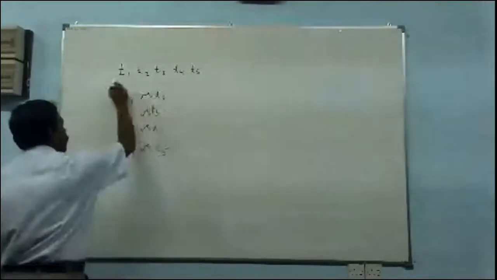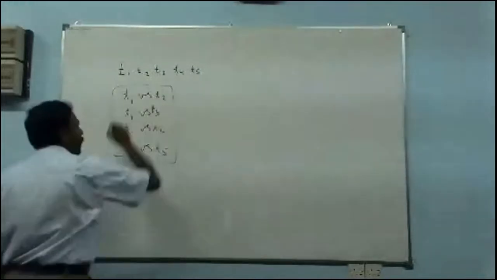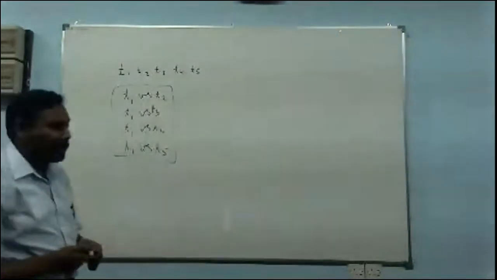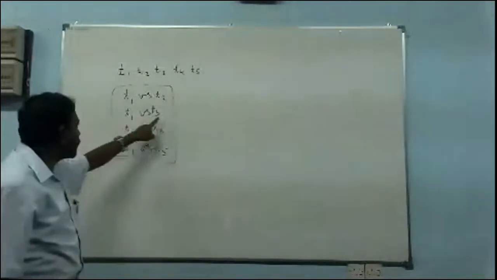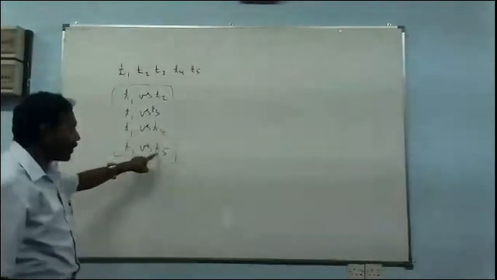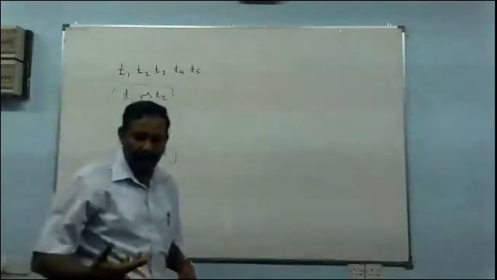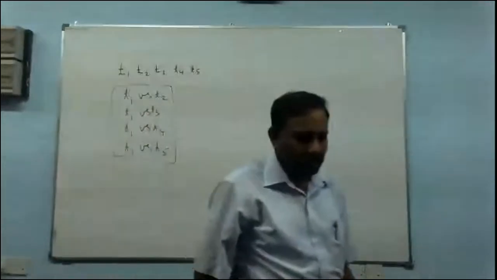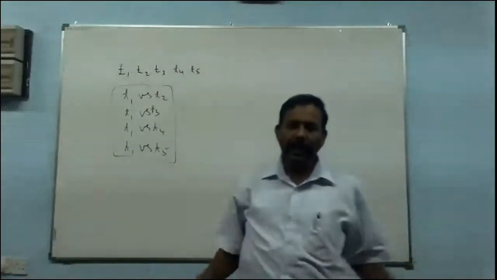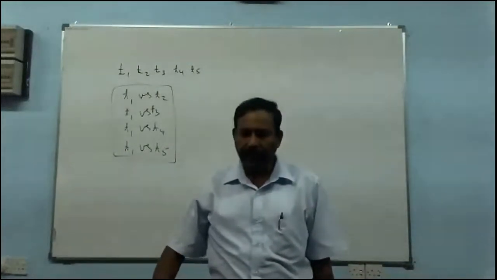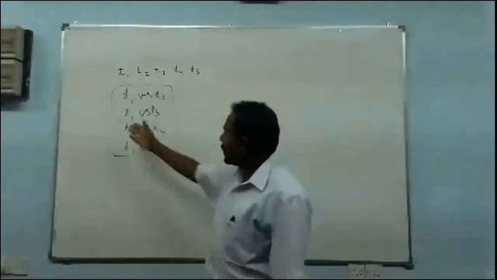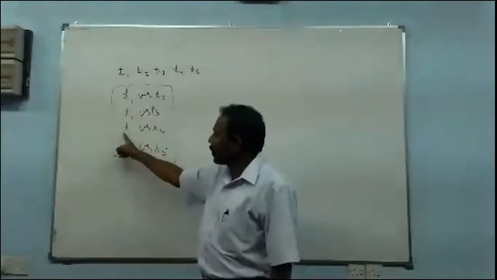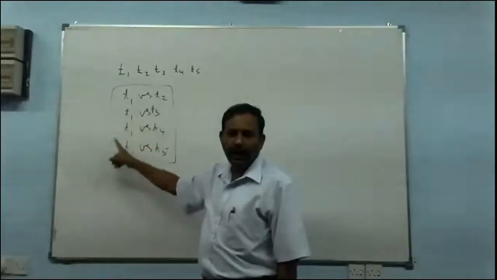What kind of comparison can we make here? What is the best technique I can apply among the four techniques that we have learned? Anyone? You see here, T1 looks like a control.